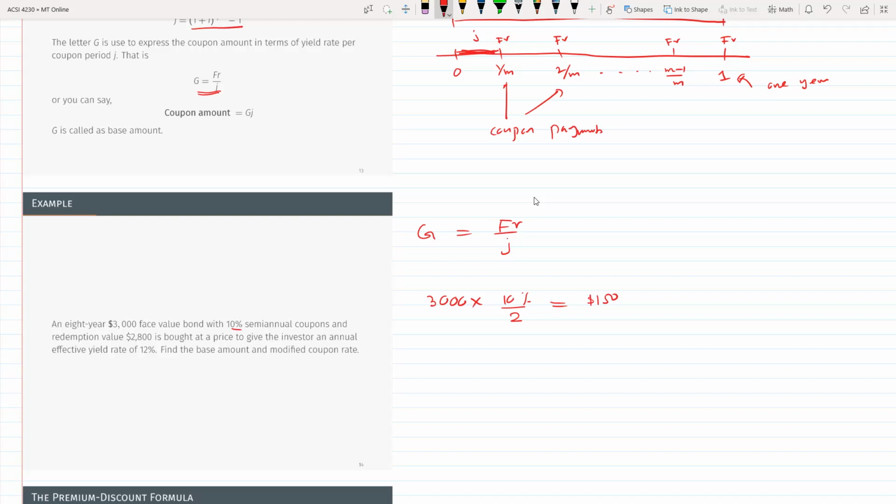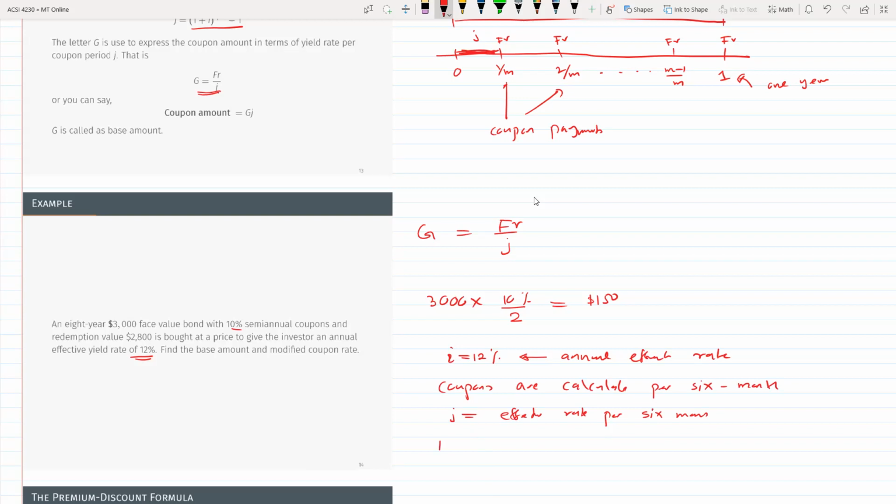Then the j is, so we have to find, the annual effective rate is 12%. Okay, so i is 12%. So I need to find the effective rate per 6 months. This is the annual effective rate. Coupons are calculated every 6 months. So j is basically the effective rate per 6 months. And the relationship is (1 plus j) squared equals 1 plus i.